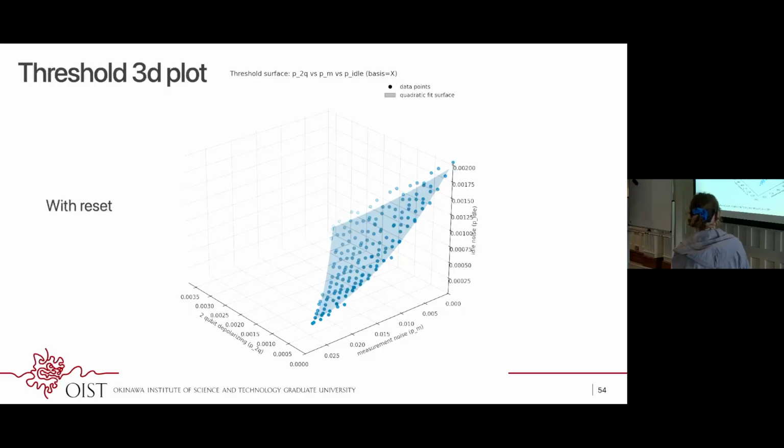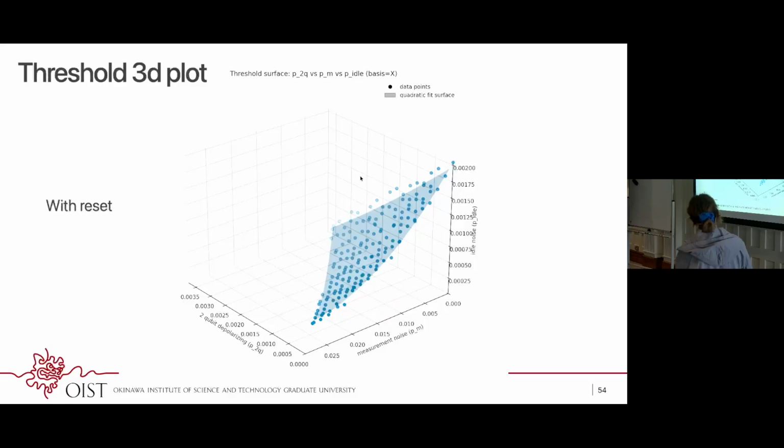Therefore, we fix this, and by fixing this set of two-qubit depolarizing noise and the measurement noise, we extracted the idling noise threshold. Every single circle on the plot represents one such simulation.